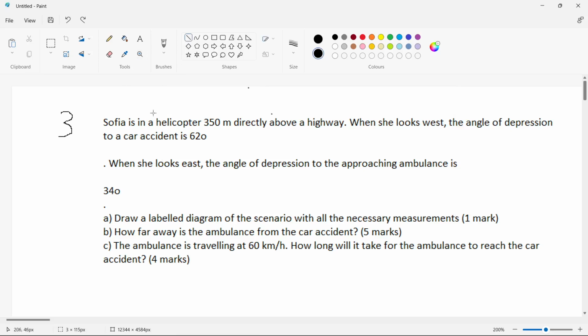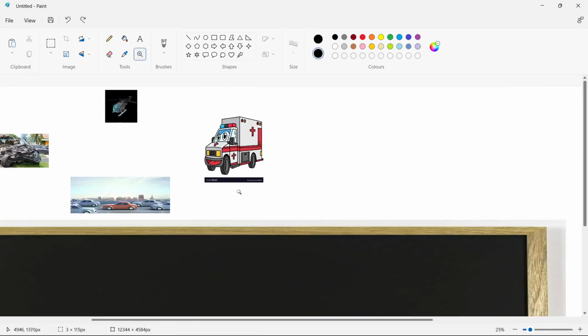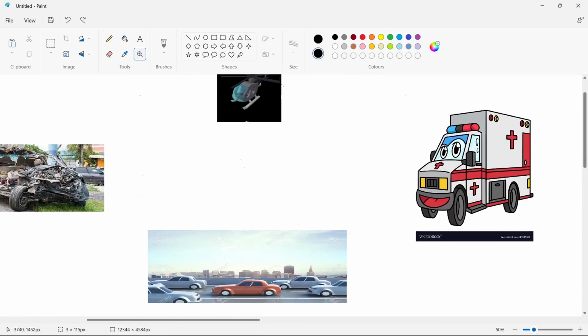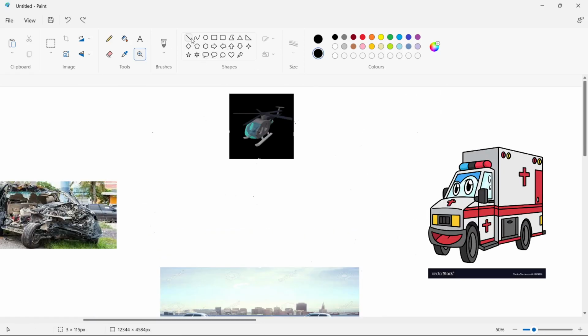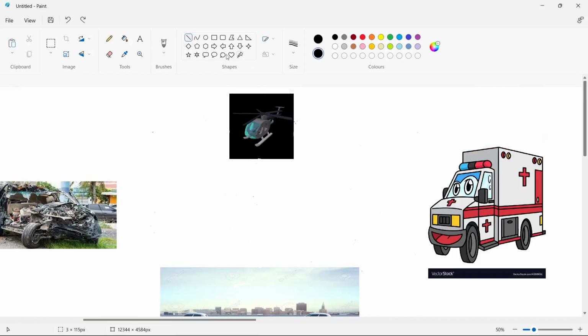Alright, let's get straight into it. So right here, I made a little representation of what it would look like. We have the helicopter, the car crash, the ambulance, and then the highway. It looks realistic to me, I'm not going to lie.